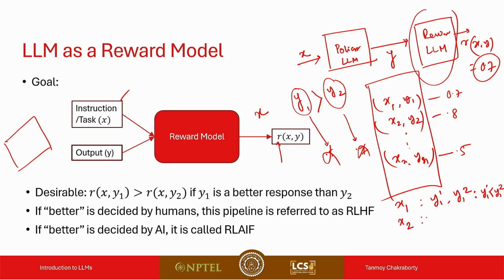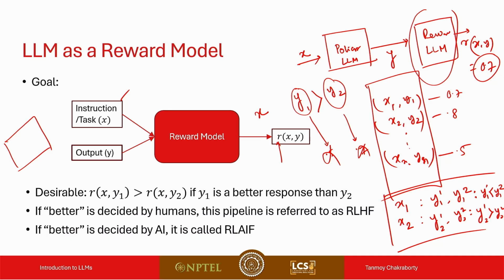Again, given another prompt x2, y21, y22, and y21 is better than y22, something like that. You need this annotation. It doesn't matter whether y11, y12, y21, y22, all these outputs are generated by the policy model or any other LLMs that you can think of. We'll discuss this later.